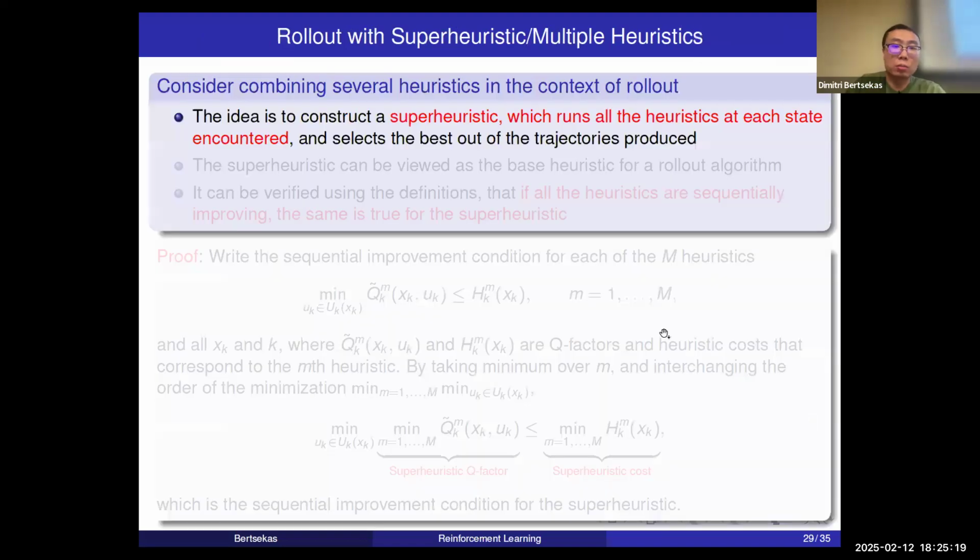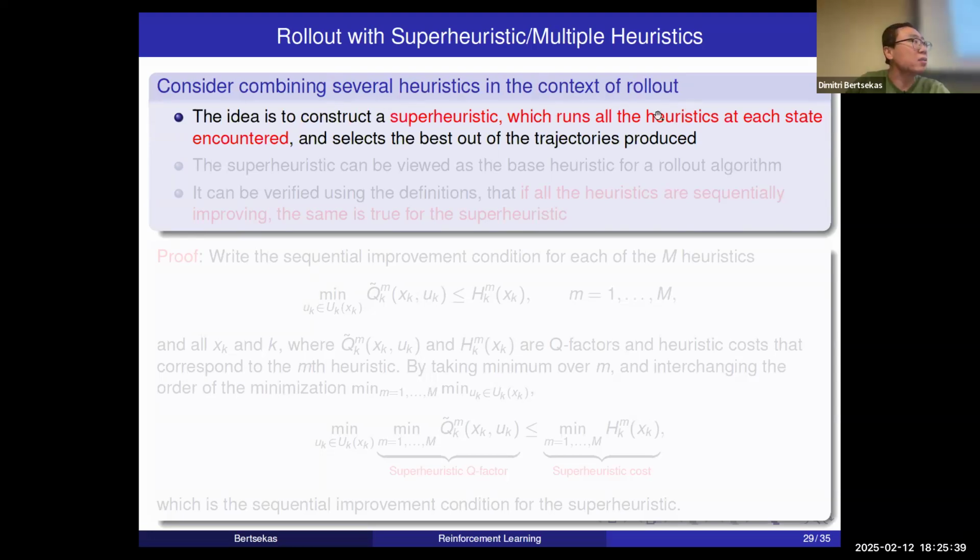Okay, let's move on to the next base heuristic variation. In the first variation, our primary goal is to reduce the computational effort or computational burden, right? We want to reduce the number of Q factors we calculate and compare.